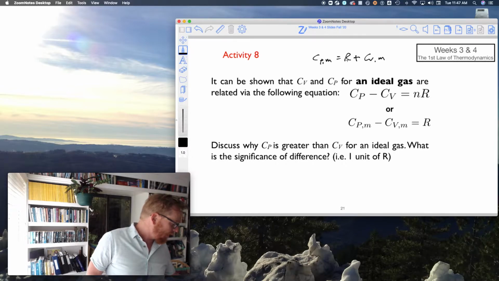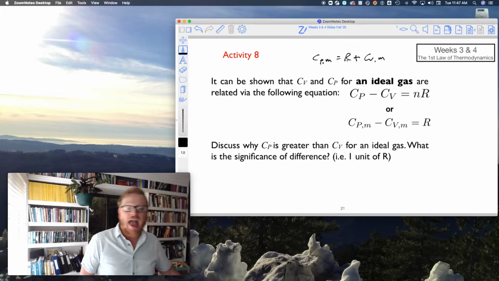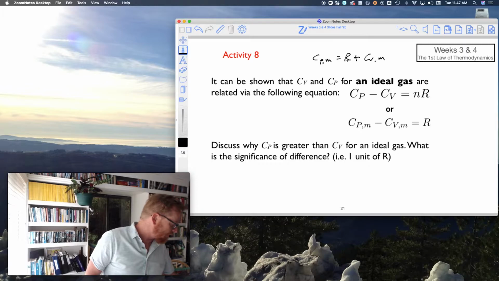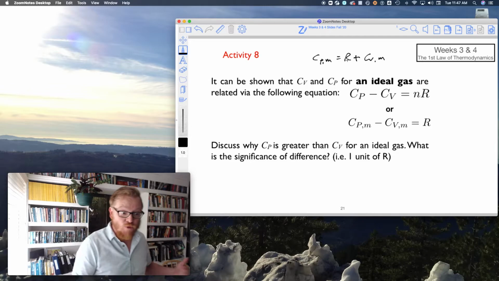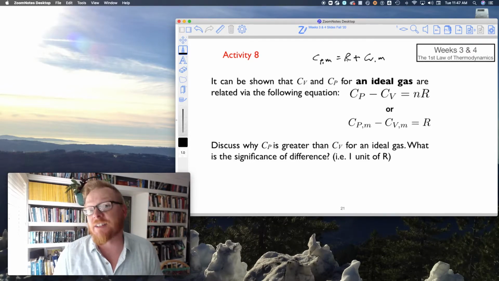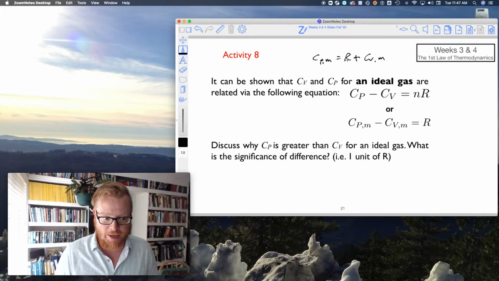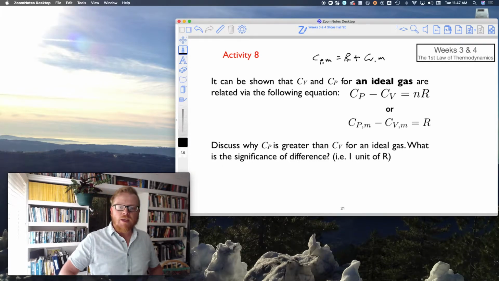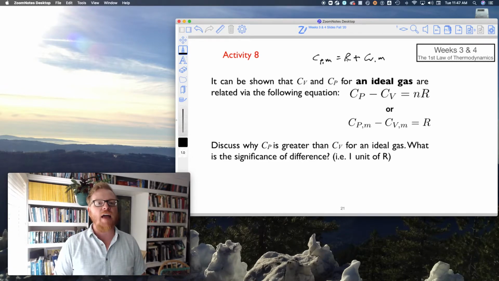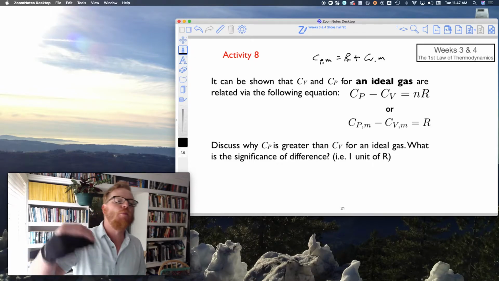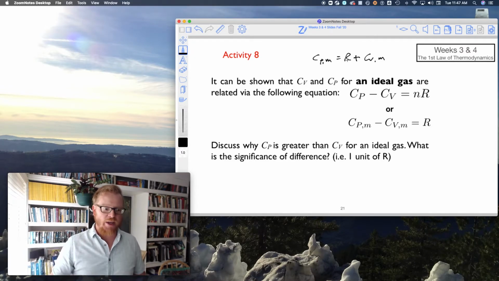Therefore, some of the energy supplied as heat has to escape back out to the surroundings. As a result, the temperature will rise less rapidly than if it were not free to expand. So CP is greater than CV because if you're allowing that system to expand, you have to be pumping more heat into it to fuel that expansion. Hopefully that makes sense.